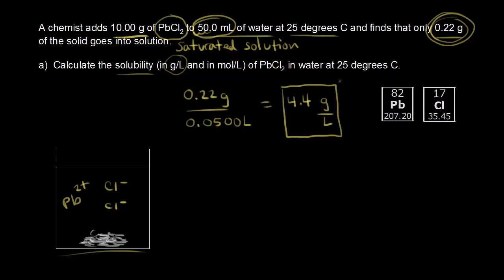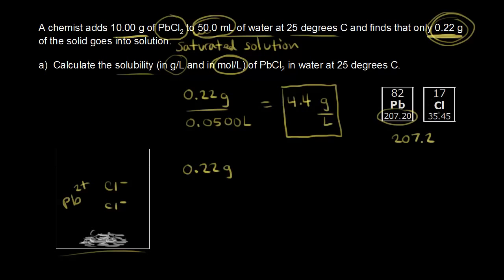A small amount dissolves. We could also find the solubility in moles per liter, which would be the molar solubility. We know the grams is 0.22 grams. To find moles, we need to know the molar mass. So for lead 2 chloride, we have lead with a molar mass of 207.2.